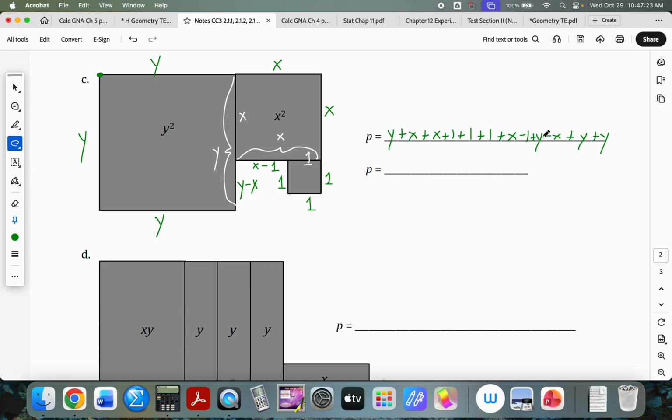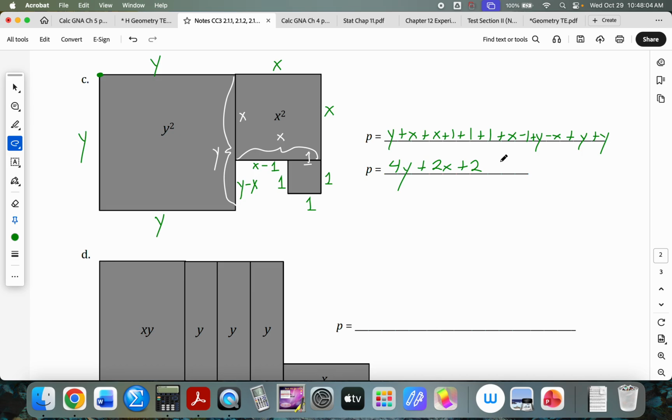So we've got 1, 2, 3, 4 y's. And then for x's, we've got 1, 2, 3, then subtract 1, so that's only 2 x's. And then we've got 1, 2, 3, minus 1 is 2, so plus 2. And always when we're doing these, double check what I'm saying. Sometimes I'm thinking about something else and I add wrong.